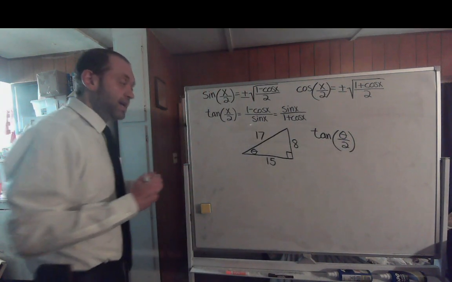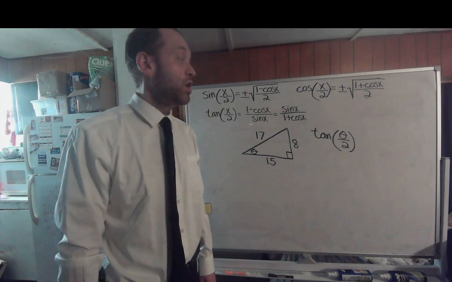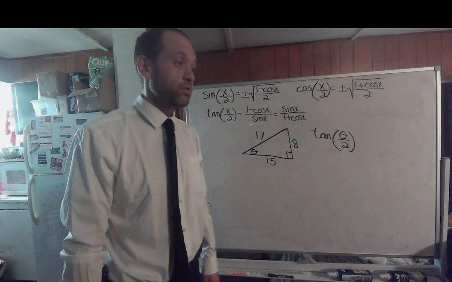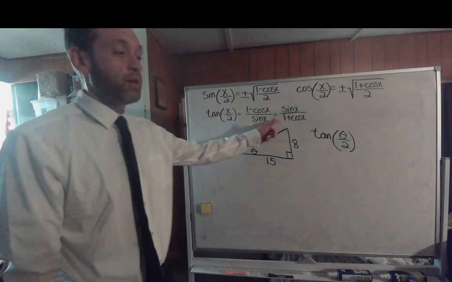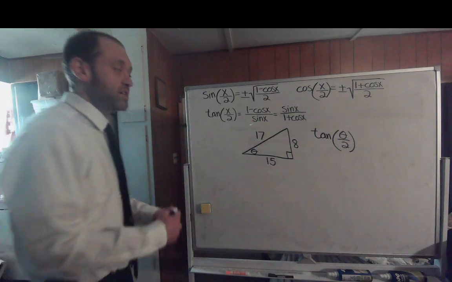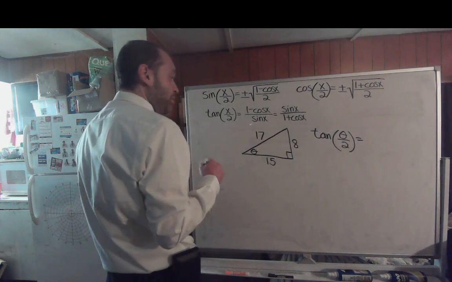Well, again, this is a first quadrant angle. Half of a first quadrant angle also gives you a first quadrant angle. So we should get a positive result, but we don't have any plus or minus sign, so it'll work itself out to be positive.